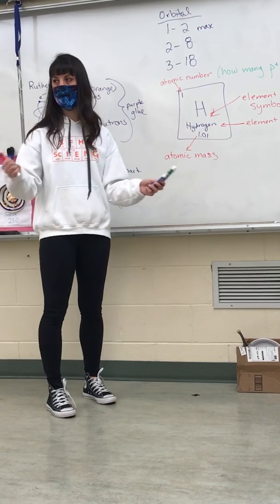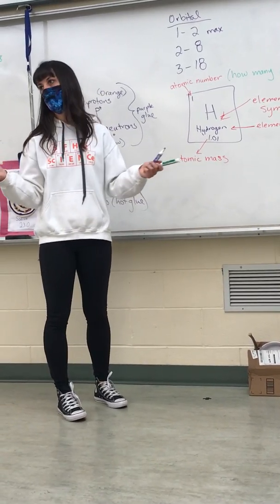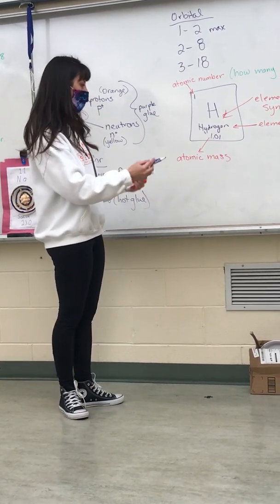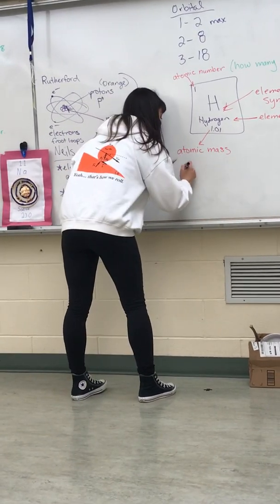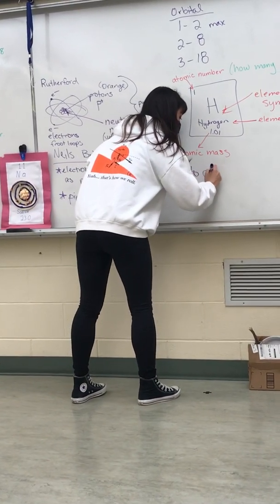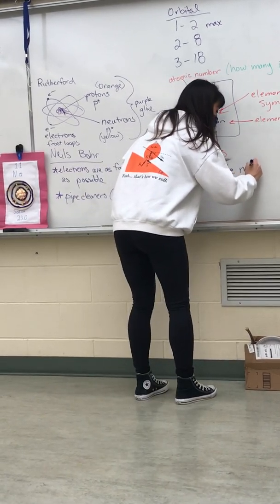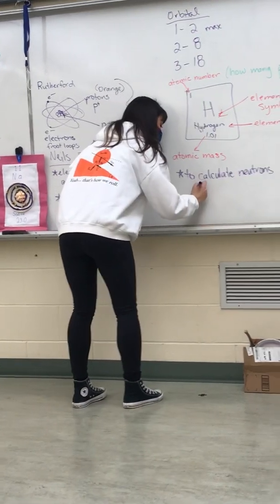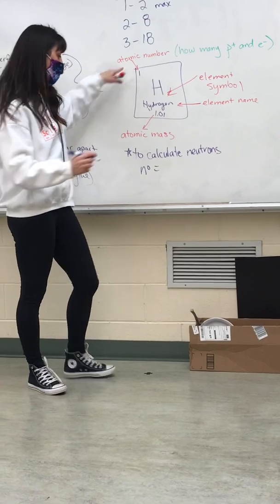It's hard to do your math to find neutrons if it's like 85.6, so you round it up to 86. Then to calculate neutrons, it's the atomic mass minus the atomic number.